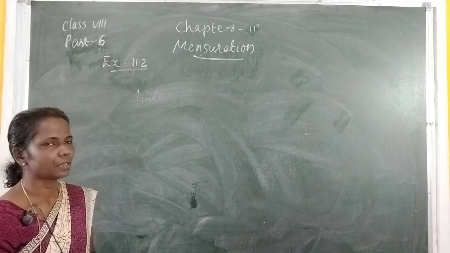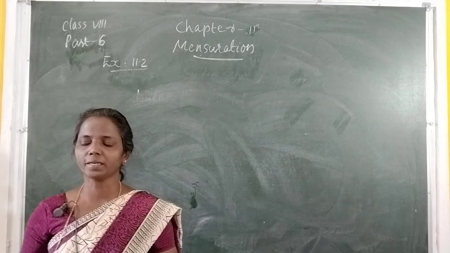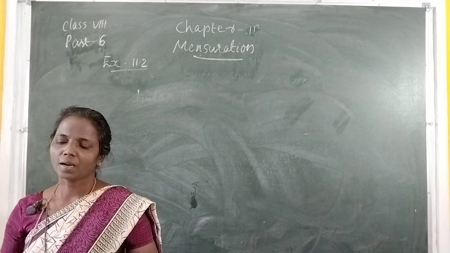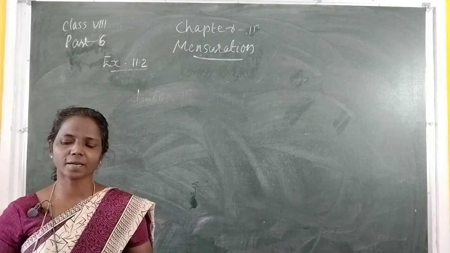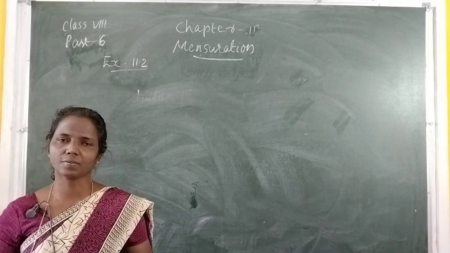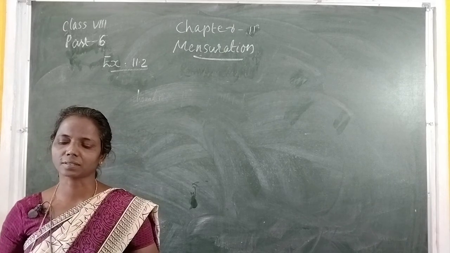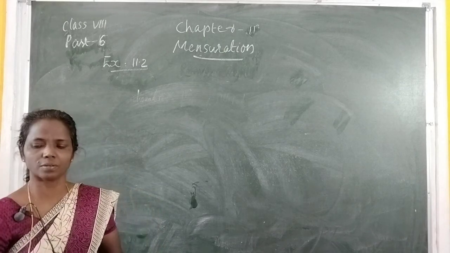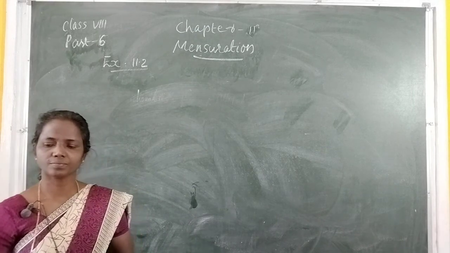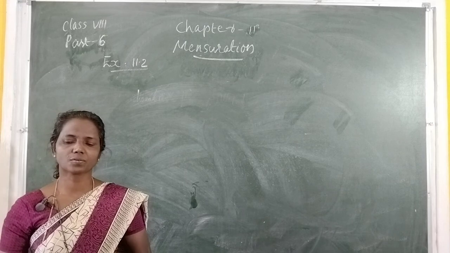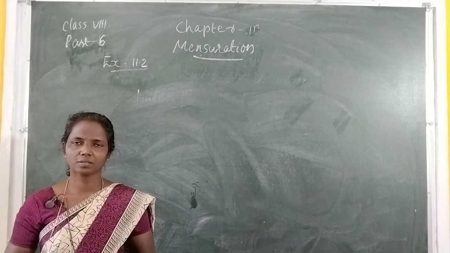Here the floor consists of how many tiles? 3000 tiles. And the lengths of the diagonals of these tiles are given, 45 centimeter and 30 centimeter.